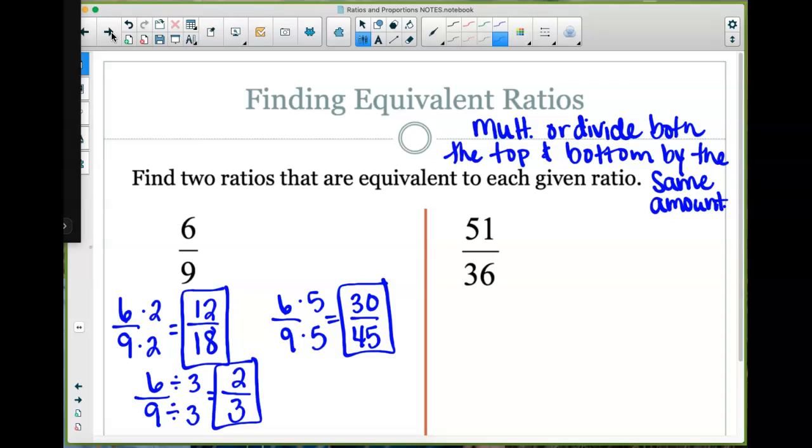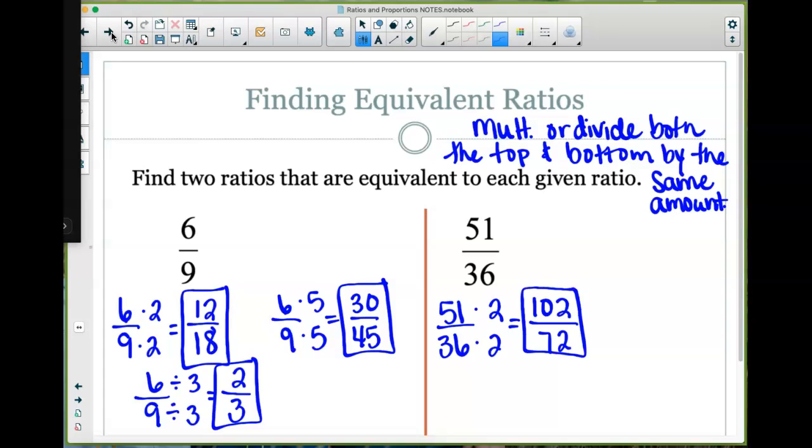Okay, so we could do 51 to 36. 51 to 36, we could multiply each one by 2 to get an equivalent ratio. 51 times 2 is 102. 36 times 2 is 72. So that's one equivalent ratio.